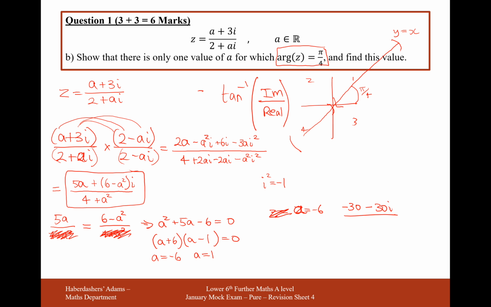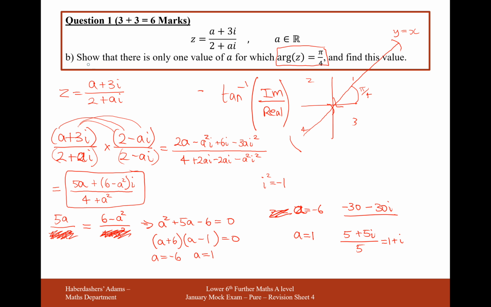So that is not going to be a solution here, because it's definitely down in this bottom left hand quadrant here on minus 30, and then divided by some fraction. When a equals 1, I'm going to get 5 plus 5i over 5. So I'm going to get 1 plus 1i.